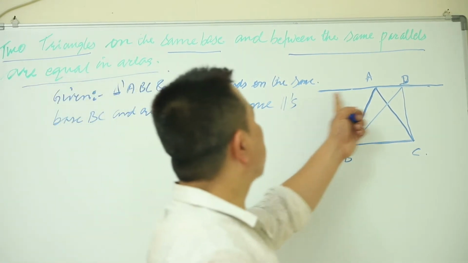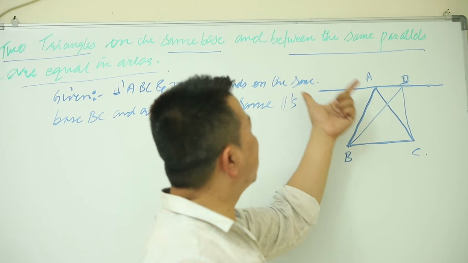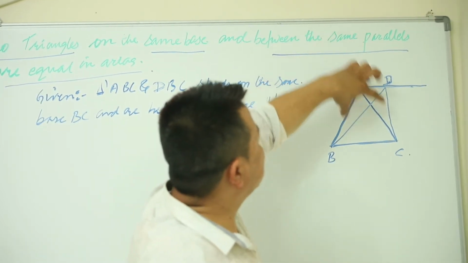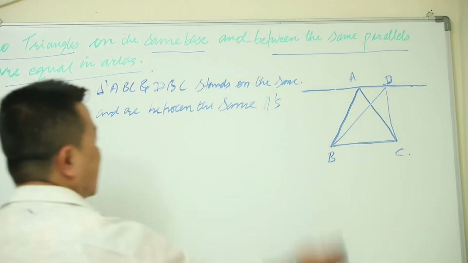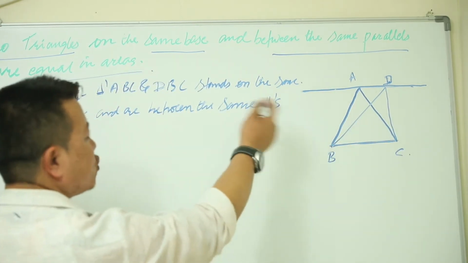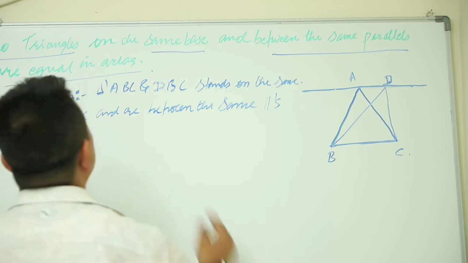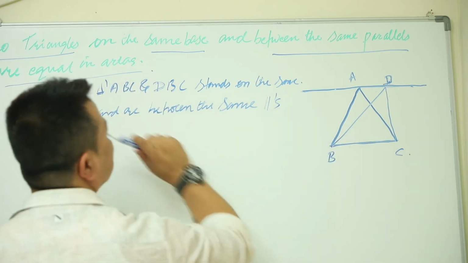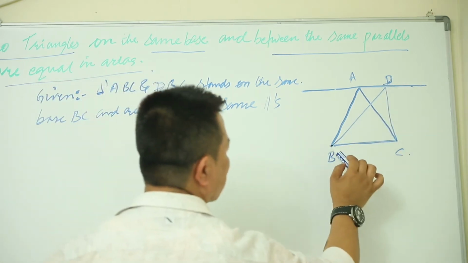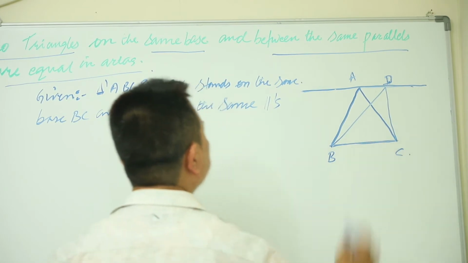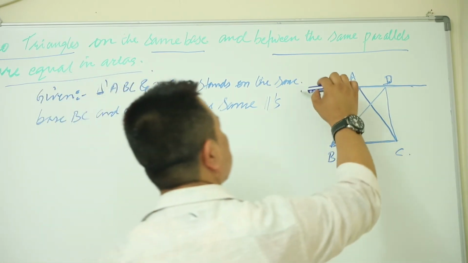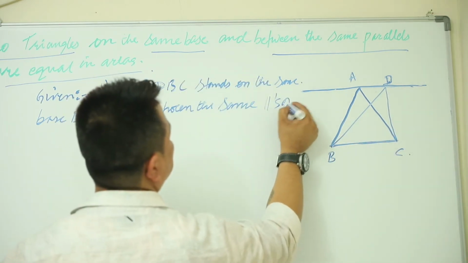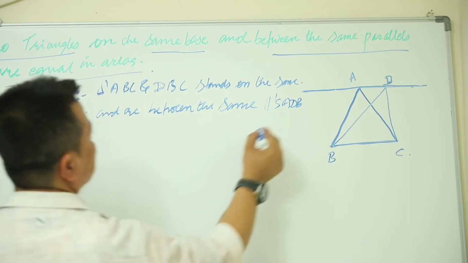As you see, this line, you can name it AD or LM, any name you can give. The line AD is parallel to BC. So in between these two parallels, these two triangles are standing. So what is given? Triangle ABC and DBC stand on the same base BC and are between the same parallels AD and BC.